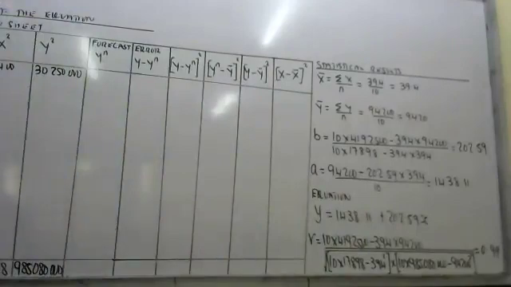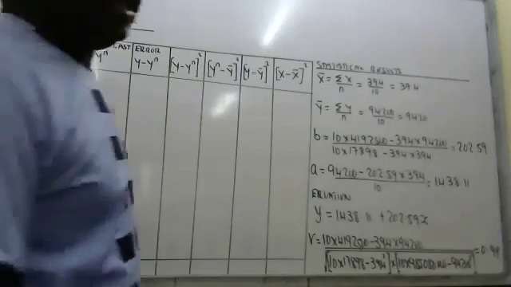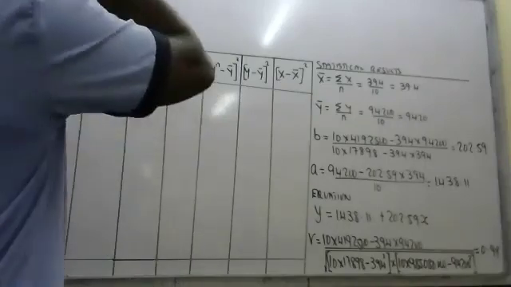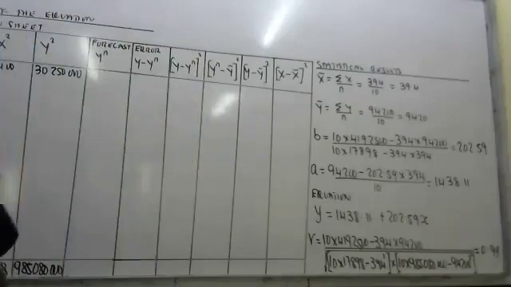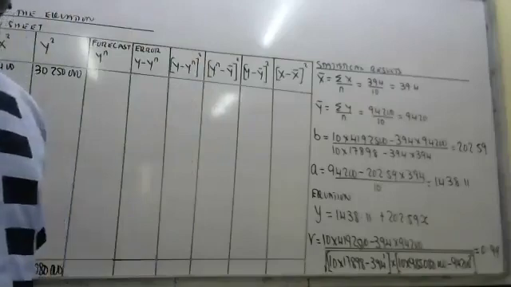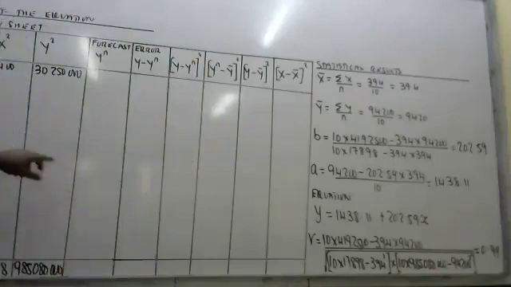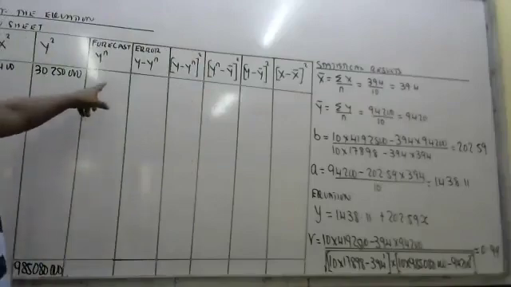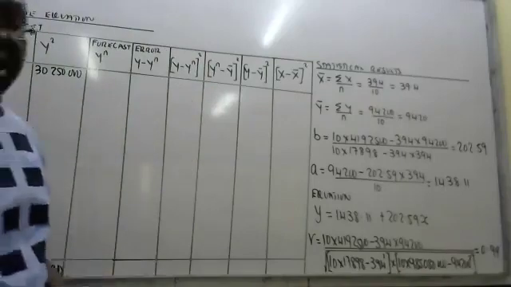So after putting that, those are the results. And what now we need to do is to come and get this one. You see this one called the forecast. This one called the forecast.